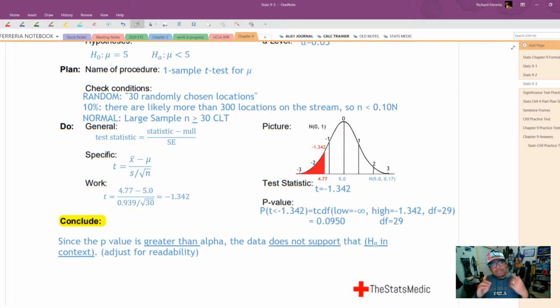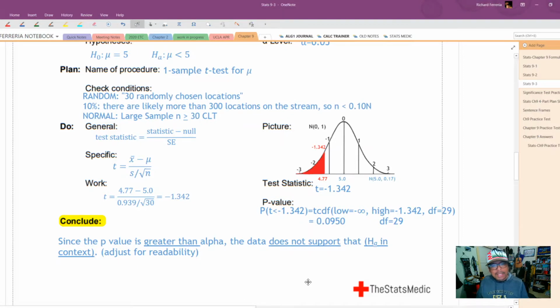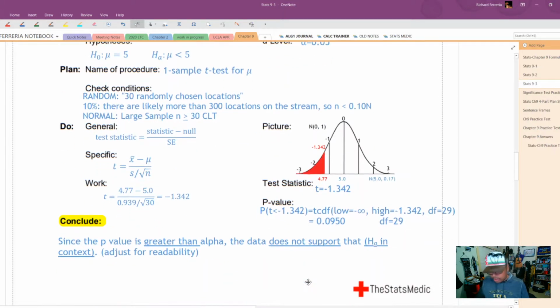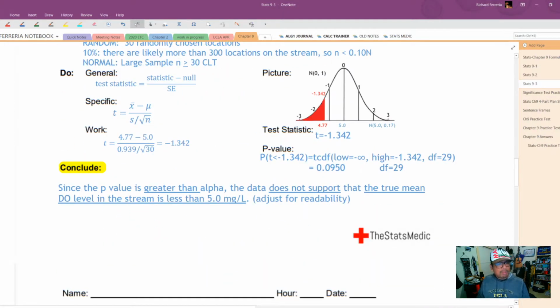What matters is, what does the data say to us? So the data does not support that. Well, what was mu again? Mu was the true mean DO level in the stream. So the data doesn't support that the true mean DO level in the stream is less than 5 milligrams per liter. And that was pretty readable to me.